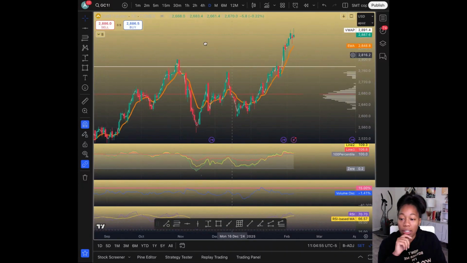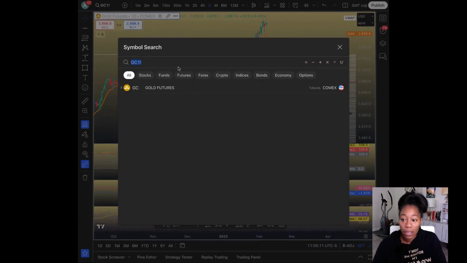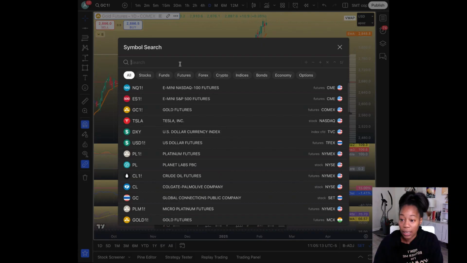The big area here in the middle, this is your chart itself. This shows you the price movement of an asset over time. In this example, right now we're looking at gold futures, as you can see here. But if you want to look at something else like the NASDAQ or S&P, you can easily type in anything like that.